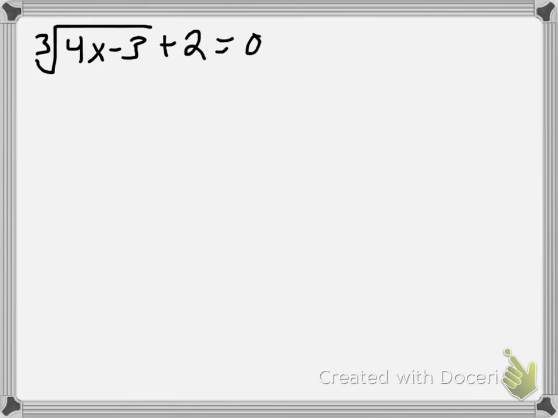All right, the next problem. You have the cube root of 4x minus 3 plus 2 equal to 0. And again, many of you did this correctly, so you have the cube root of 4x minus 3 equals negative 2.